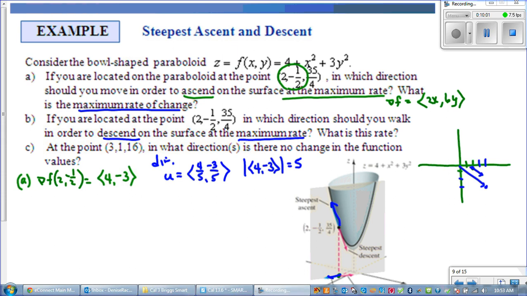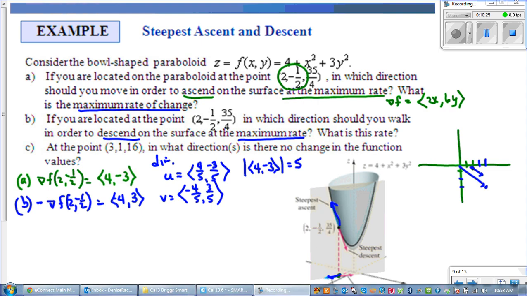Well, that's just the negative of the gradient. So that'll be -4, 3, or given as a unit vector, we'll go in the direction -4/5, 3/5.